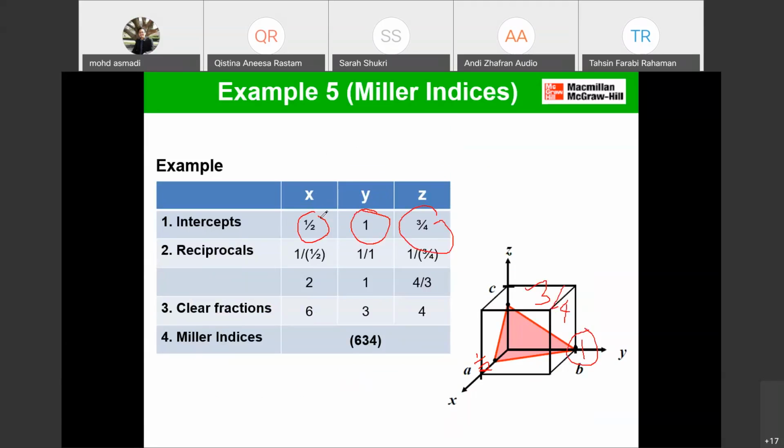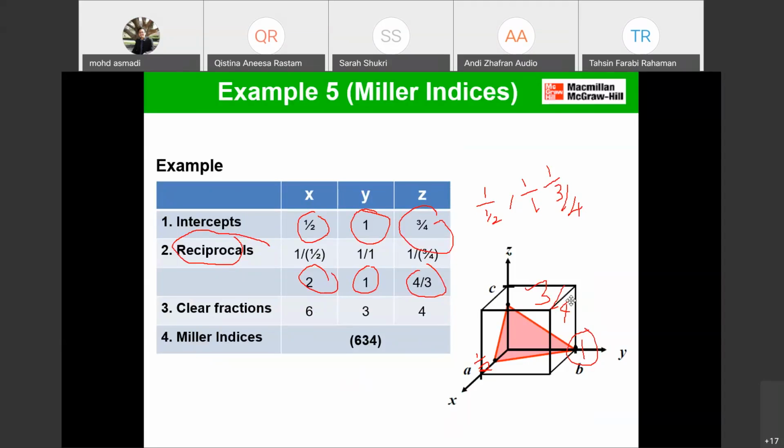The second step is to take the reciprocals: 1 divided by 1/2, 1 divided by 1, and 1 divided by 3/4. So we get 2, 1 and 4/3.